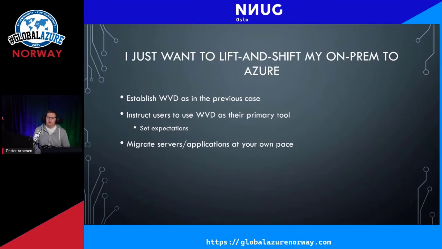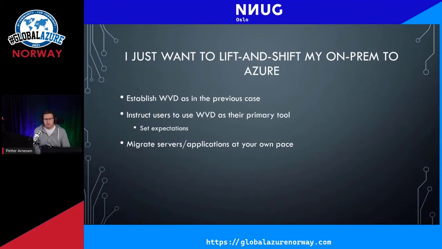And if you do that from the start, then they will probably not notice that much of you moving servers in the backend. So as we see here, establish Windows Virtual Desktop as you did in the previous case. Instruct your users to use Windows Virtual Desktop as their primary tool.